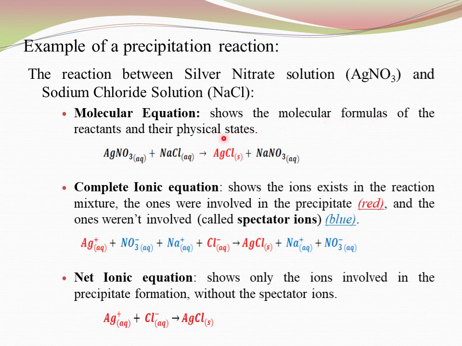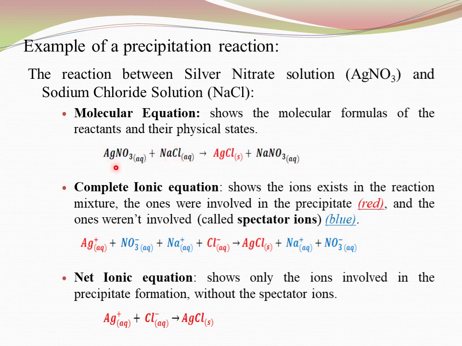So silver nitrate, the molecular formula is AgNO3. This is soluble, so the state is aqueous. Plus sodium chloride, the molecular formula NaCl. This is also soluble, so aqueous.